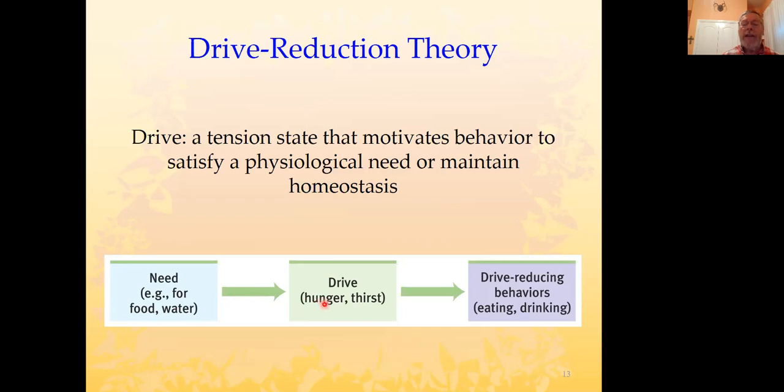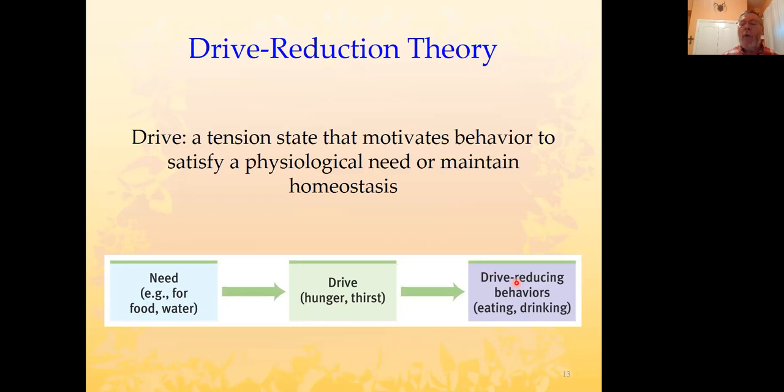And this then leads to the production of a drive, a tension state that we call hunger. And hunger then leads us to do things that can replenish our energy, get our energy balance back into homeostasis.